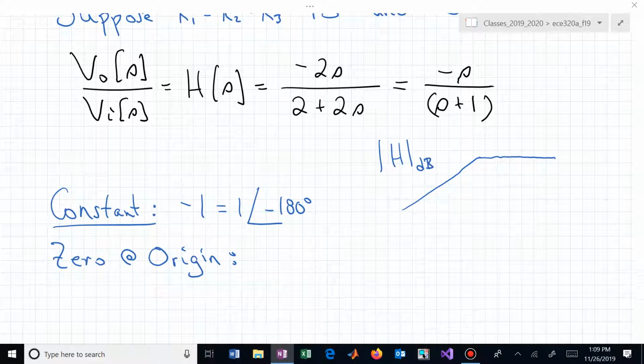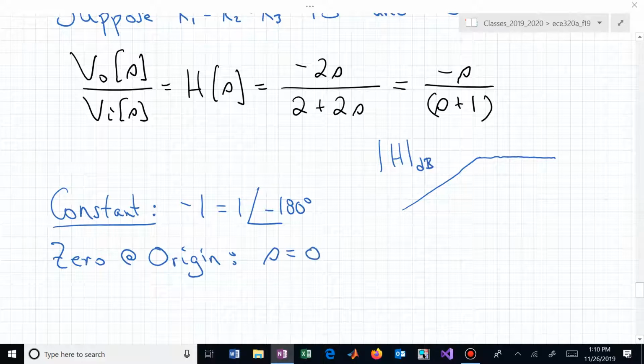And we'll need to worry about that. It's not going to impact our magnitude plot because the gain or the magnitude is 1, but the phase it will influence. It will scale everything up or down by 180 degrees. In this case, I'm saying let's shift it down by 180 degrees for all frequencies.